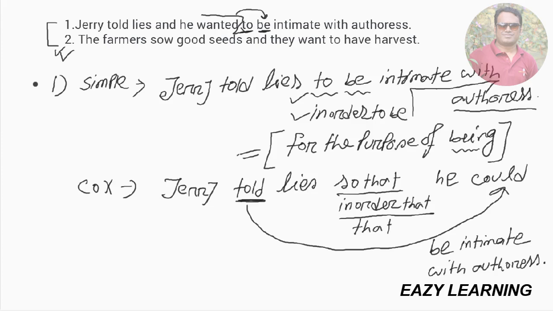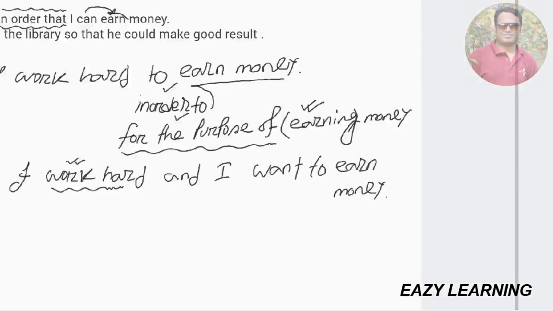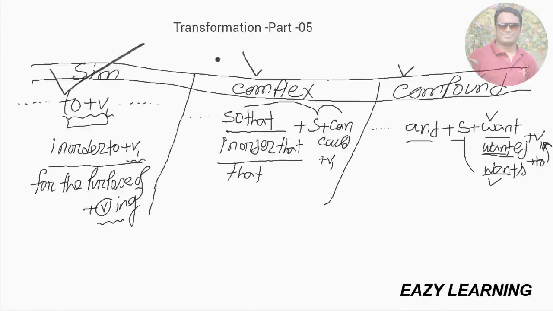So dear students, in this class I have taught you how to change simple, complex and compound sentences. For that you must remember this table if you want to change complex, compound or simple, or if you want to find out whether a sentence is simple, complex or compound.